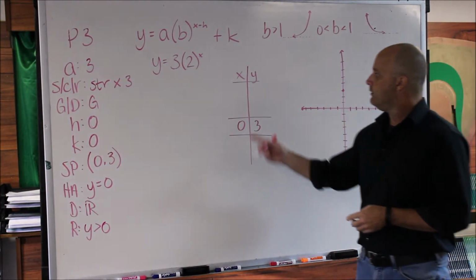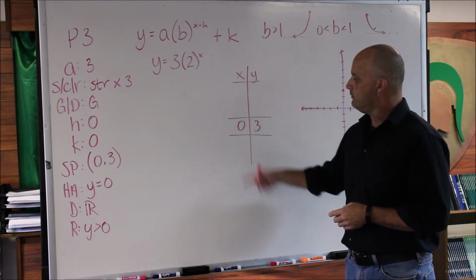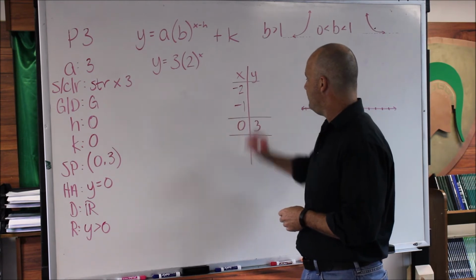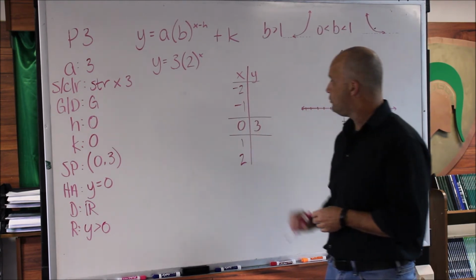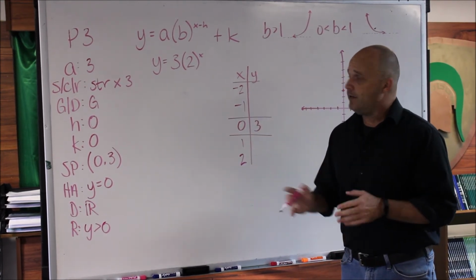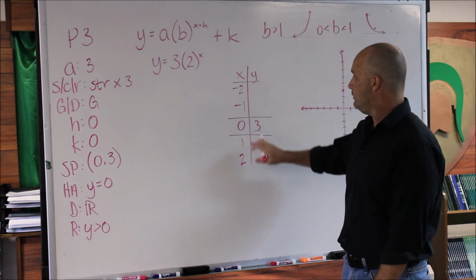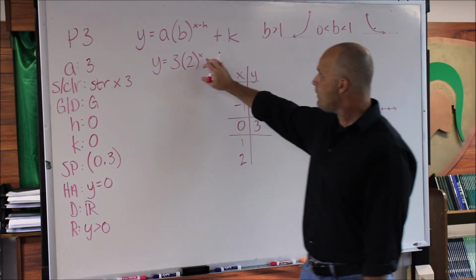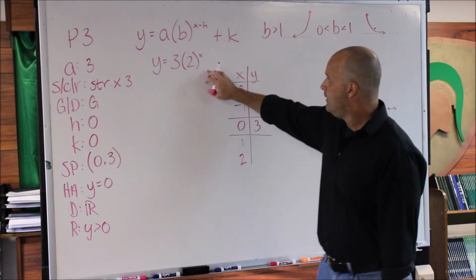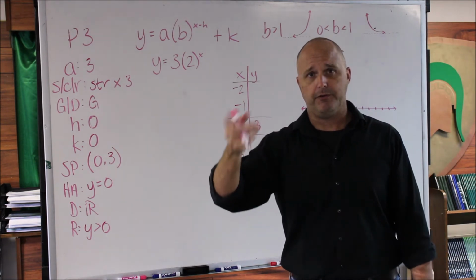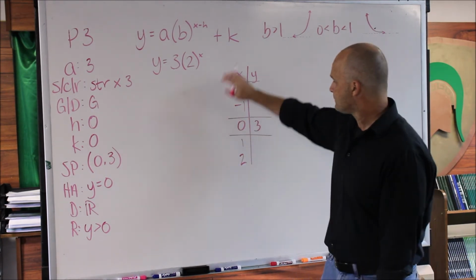Now we need to find two values less than x and two values greater than x. So let's go back to the old standbys, -2, -1, 1, and 2. Now you've just got to go back and plug these into the equation and see what you come out with. So you plug in -2. Remember that a negative exponent tells you you're going to flip the numerator and the denominator.